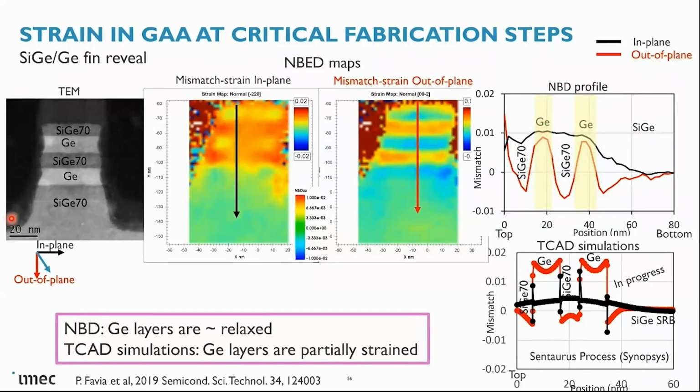So by removing material at the sides of our fins, we have relaxed the channels. And this is in partial agreement with TCAD simulations. One of the reasons we have a discrepancy is also that we may have more relaxation in the TEM lamella, which is not taken into account in the simulations.